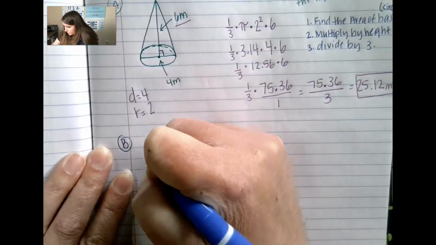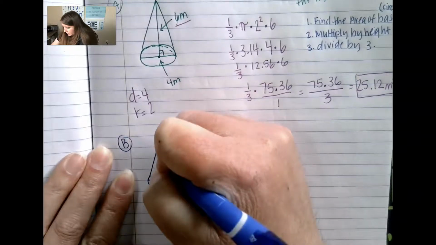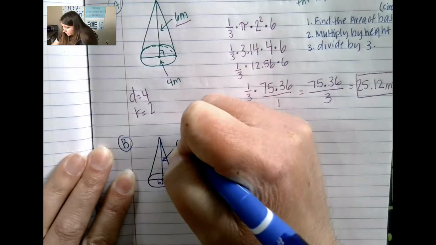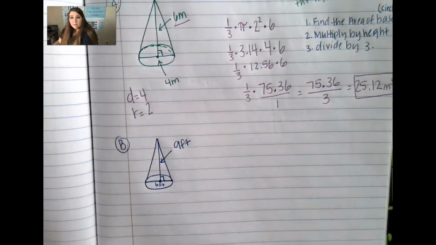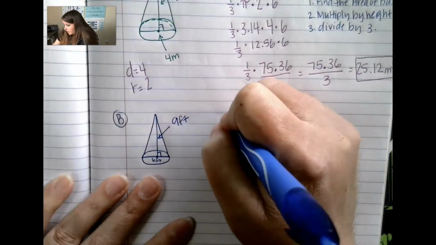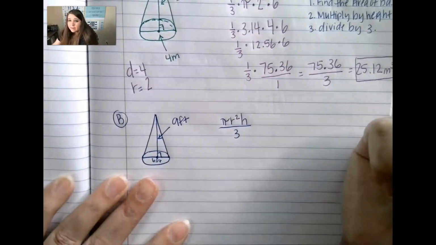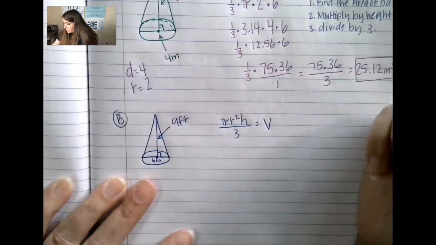And then our cone is going to come up here like so, and it has a height on the right angle of 9 feet. Okay, same formula as before. We're going to find pi r squared times the height and divide all of that by 3. And that equals our volume.